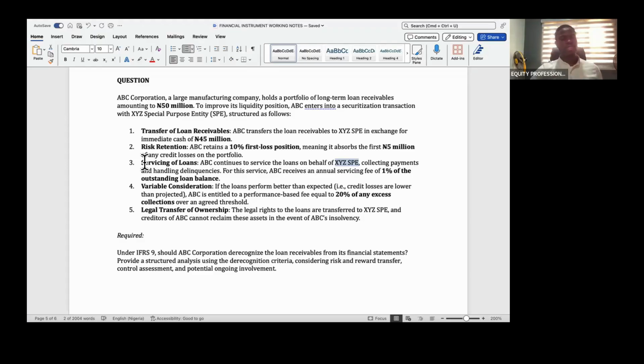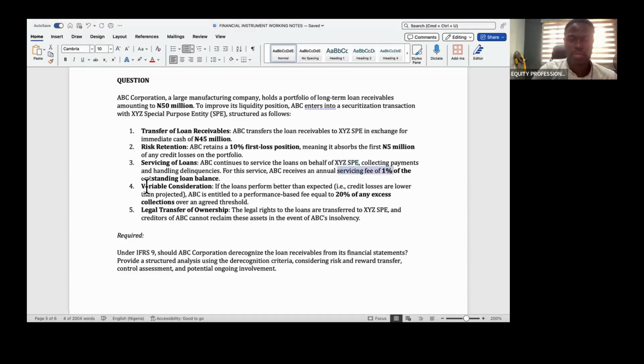So that means ABC is still helping them to collect payments from the loan. It's still helping them to go after those loans that refuse to pay back. And for this service, it's agreed that they will give him a service fee of 1%.